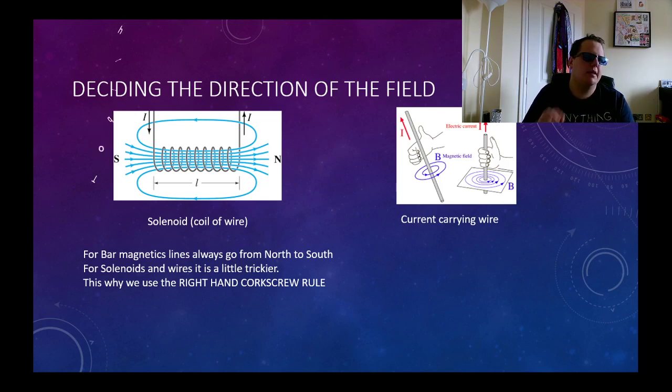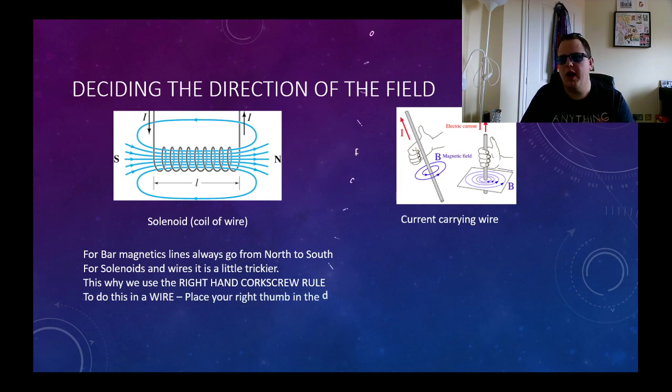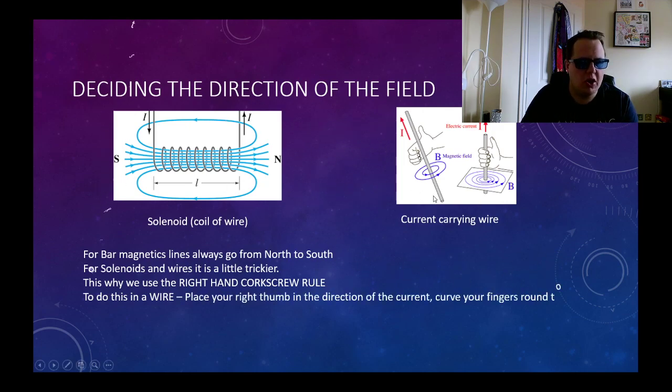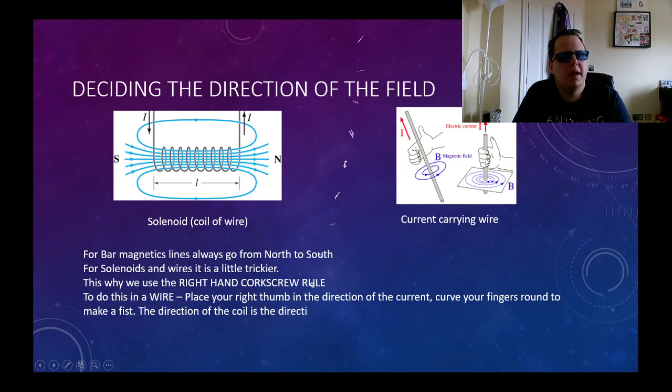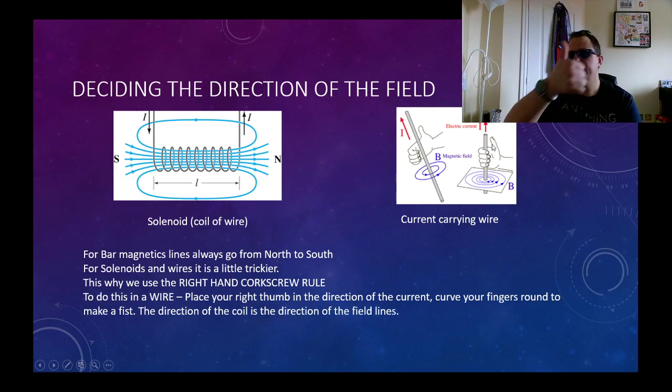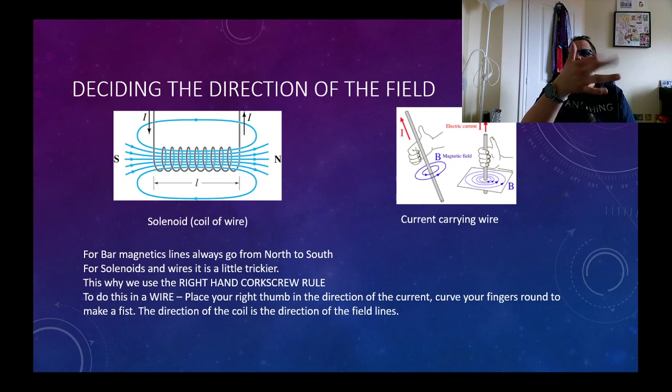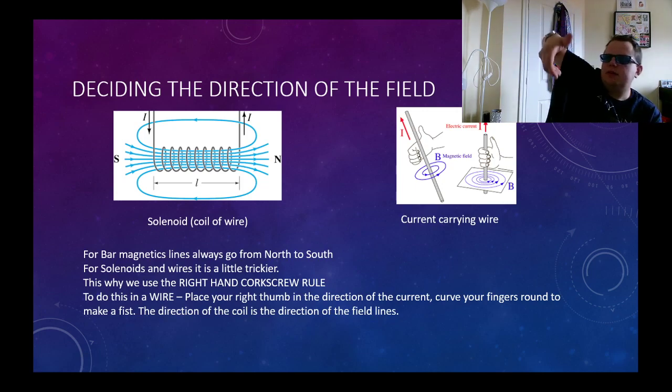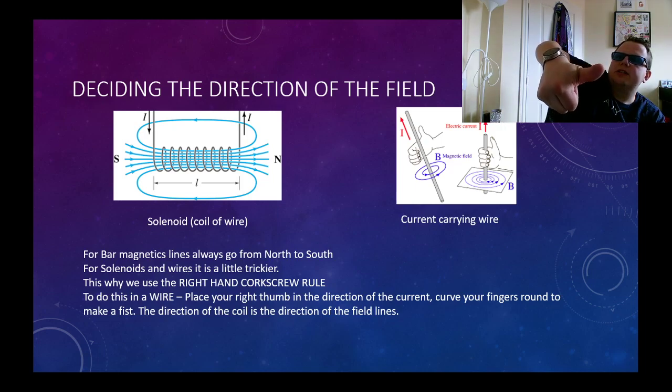Now, to do this in a wire is dead easy. As on the diagram, you place your thumb in the direction of the current, and the way your fingers curl round shows you which way round the magnetic field goes. So if we do this towards the camera, thumb in the direction of the current, and fingers curl round.